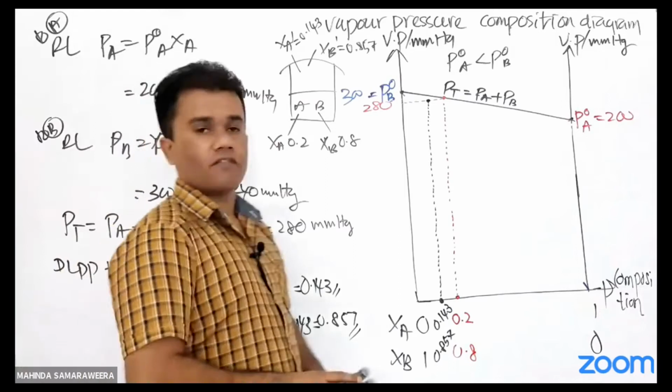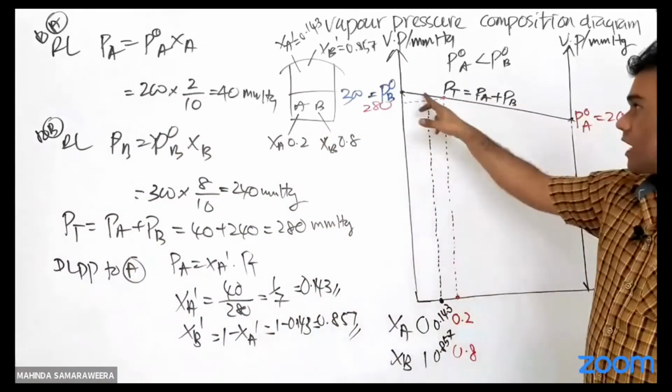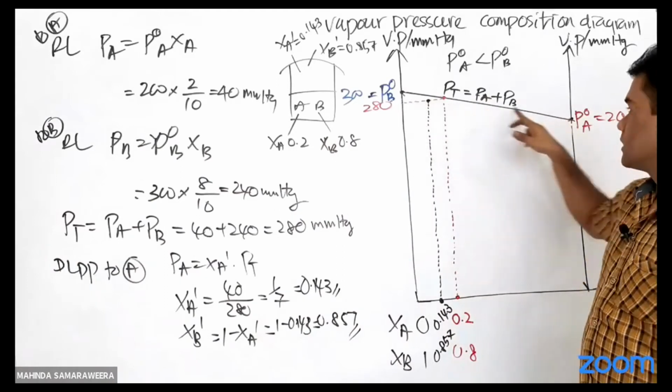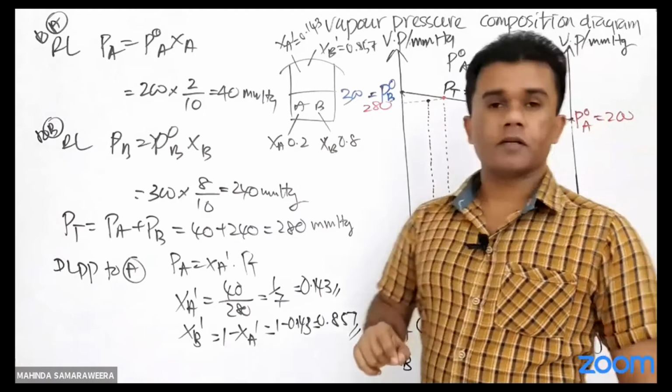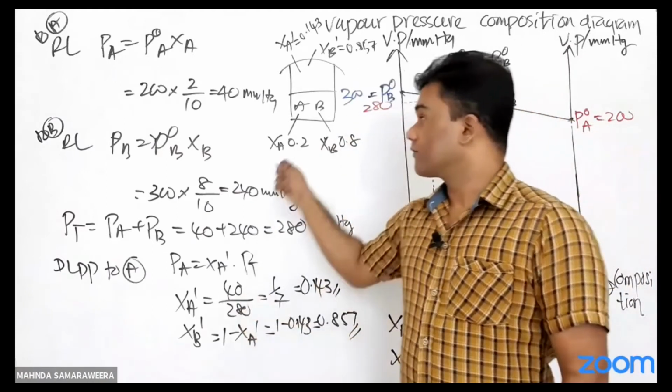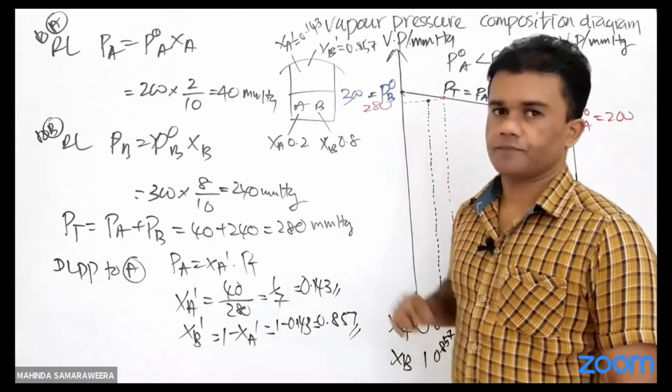So what's the meaning of this? This dark line represents the vapor pressure of the liquid mixture, right?